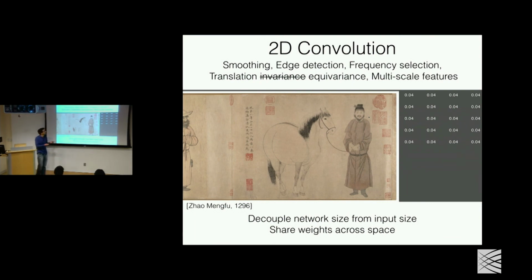That is, if I see a horse's head over here, it's still a horse's head if it shows up over here. So the features I'm looking for in one part of my input are equally informative if they show up somewhere else. And convolution naturally expresses that.